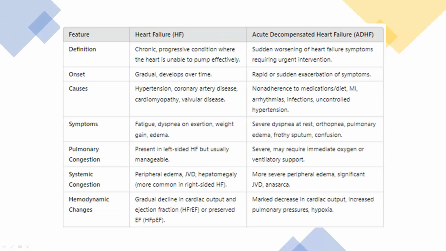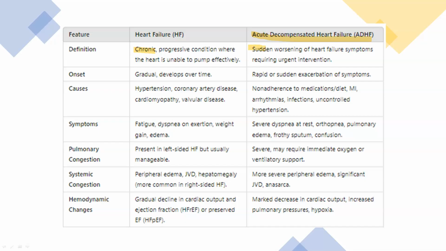So comparing and contrasting, this is nice-to-know information because we're going to talk about these things as we go along. Obviously, just having a diagnosis of heart failure means it's chronic. It's progressive. If we don't take the steps that we need to take, it's going to get uncontrollable and you're going to end up in acute decompensated heart failure.